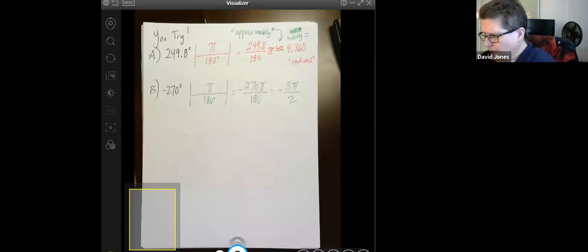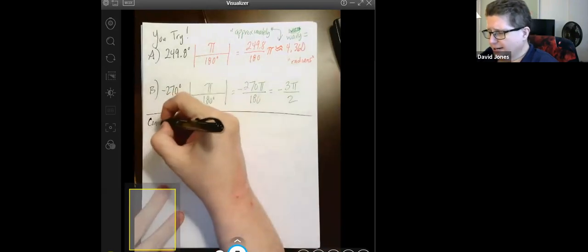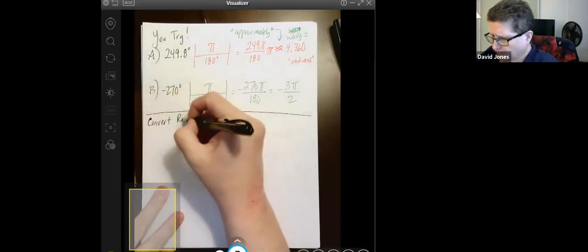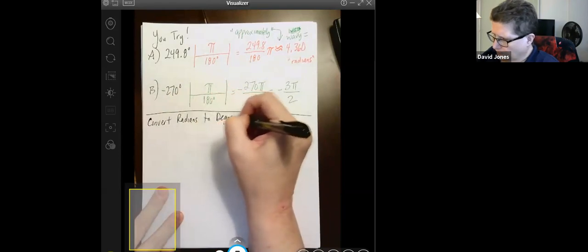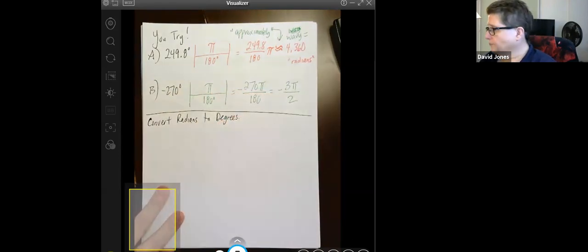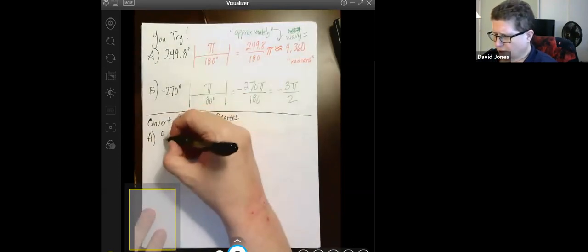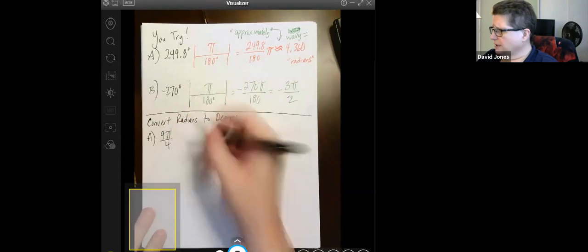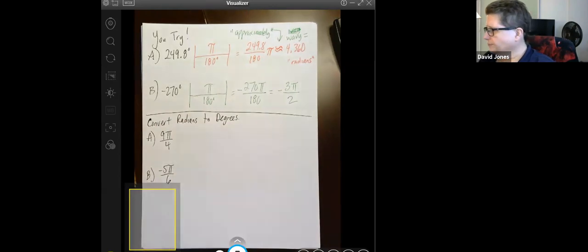Let's practice going the other way. Let's convert radians to degrees. Let's try 9 pi over 4. We'll do negative 5 pi over 6. Okay.